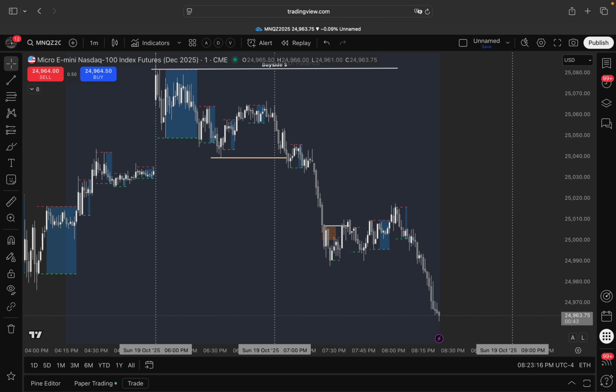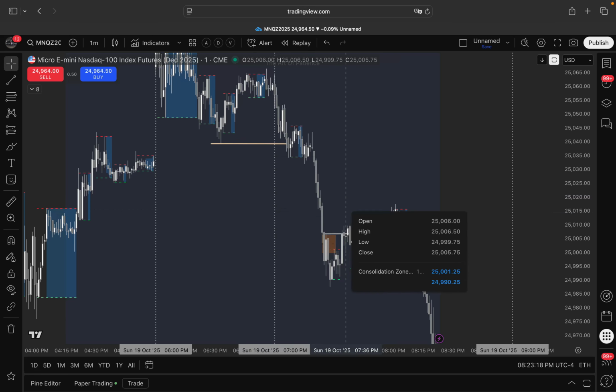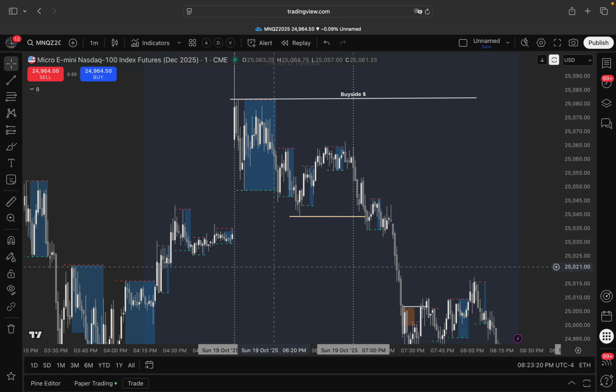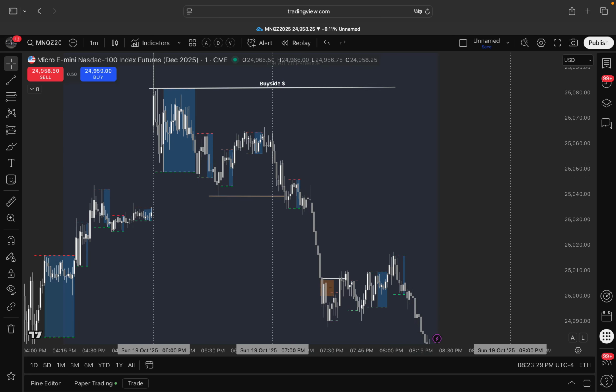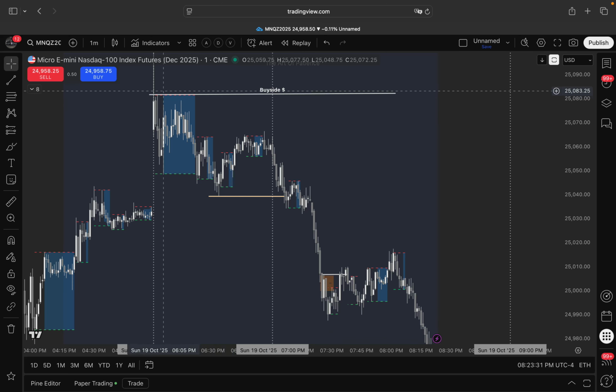Hopefully you can see that. So it formed that high, and then it formed the lowest low. So next would be to wait. We're going to mark it with a line. This will be your buy side liquidity, and this will be your sell side liquidity.